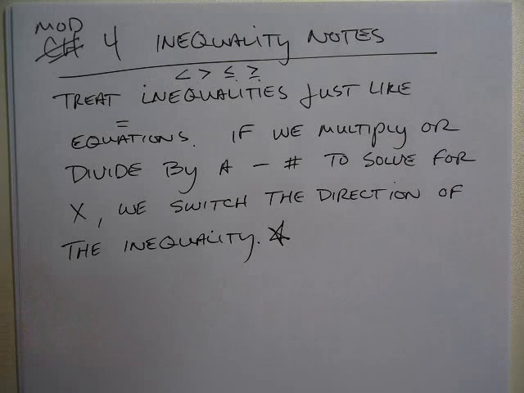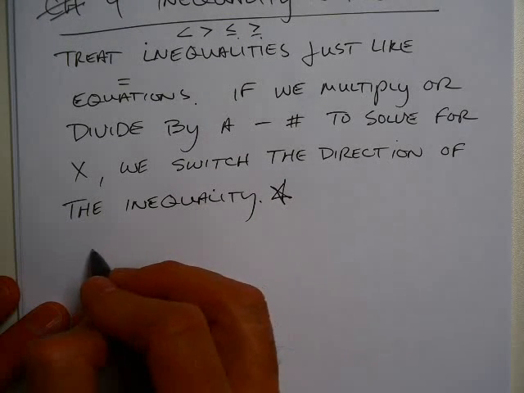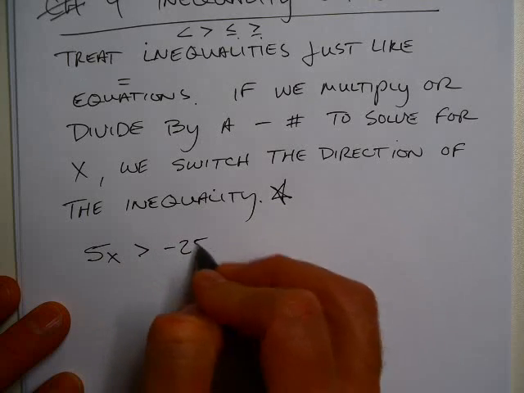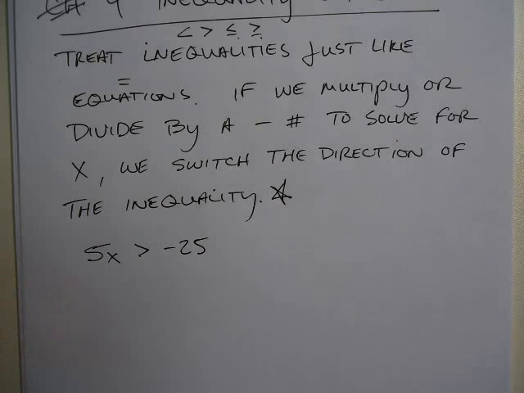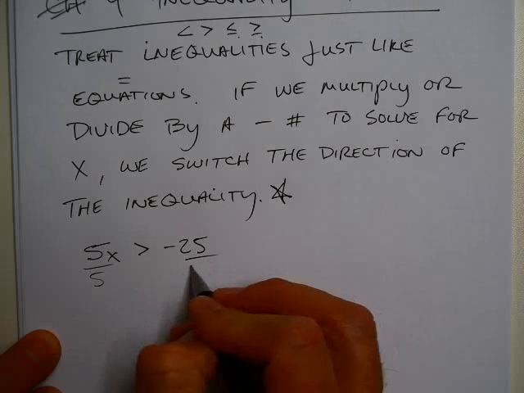This is an important thing to remember. It's the only thing you have to remember beyond how to solve an equation. It's the only thing that's different. So if I have a problem like 5x is greater than negative 25, and I'm solving this, then I'm going to be dividing by a positive 5 here.